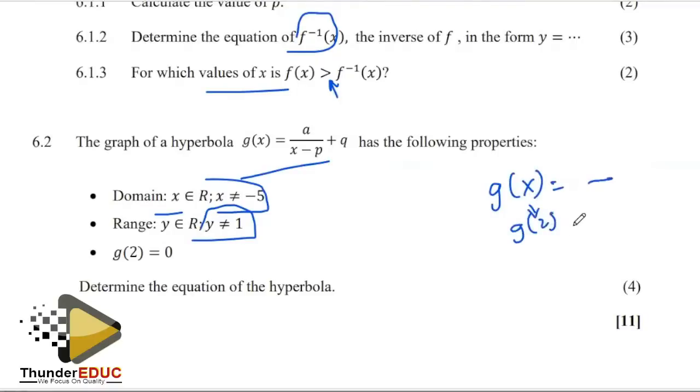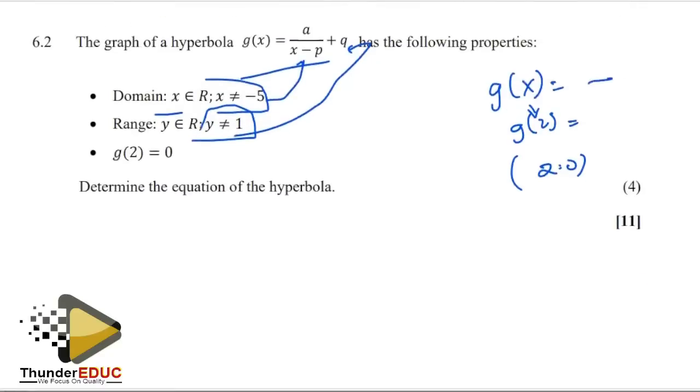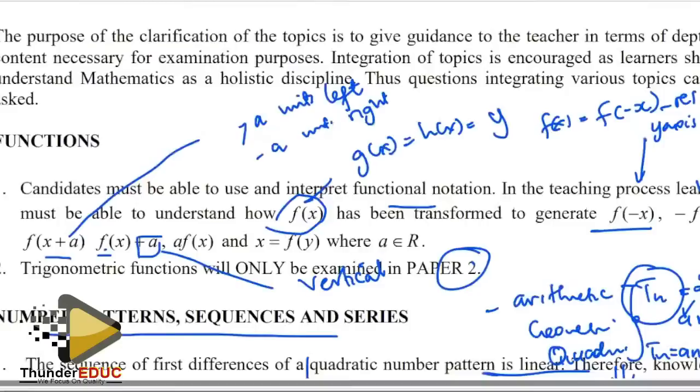So where there is X, we've replaced it with a 2. So that's the coordinate point 2 and 0, because this is a Y. Okay, so they want you to determine the equation. So use those facts. Where there is X, you're going to put the 5. Where there is Y, you're going to put the 1 somewhere there. But then the signs are going to change for the P. All right, that is to do with the functions, okay?